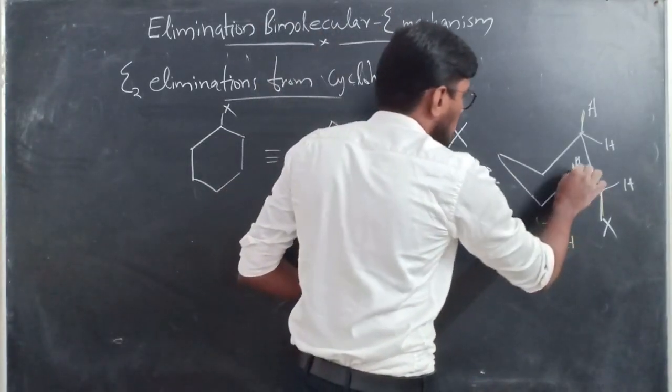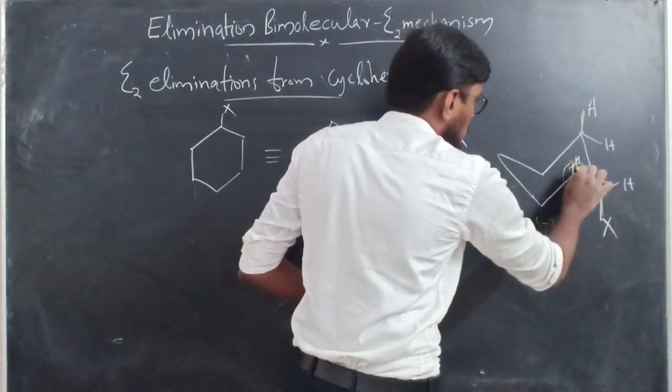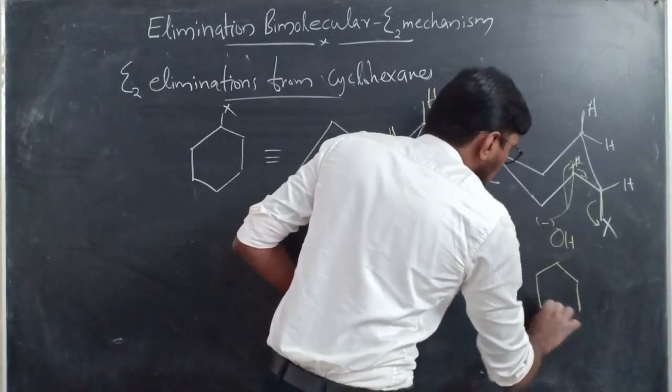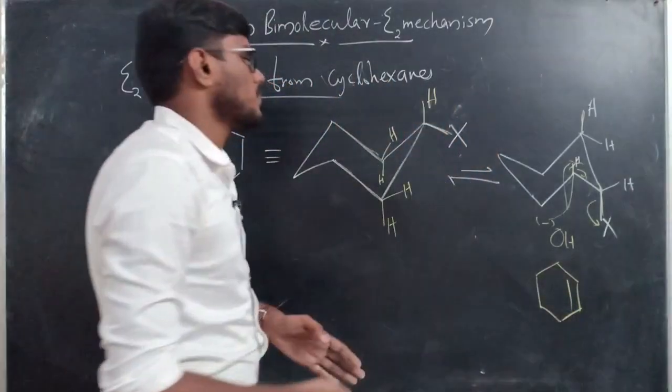So the base can abstract one of the hydrogens like this, and this goes out, and the product will be a cyclohexene.